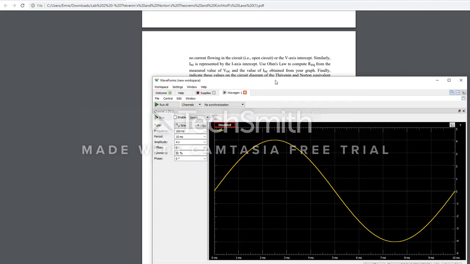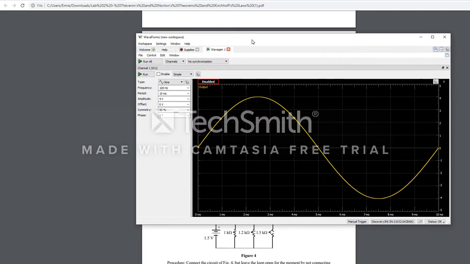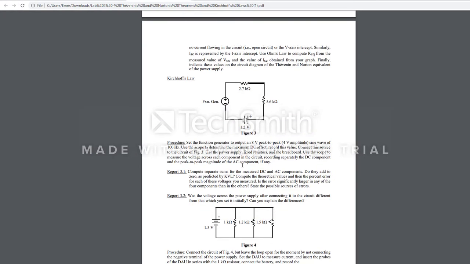It asks for a 4-volt amplitude, which is ready, a sine wave of 100 Hertz. And this is our AC wave, our waveform. We are running this too. All right. Now our circuit is up and running.